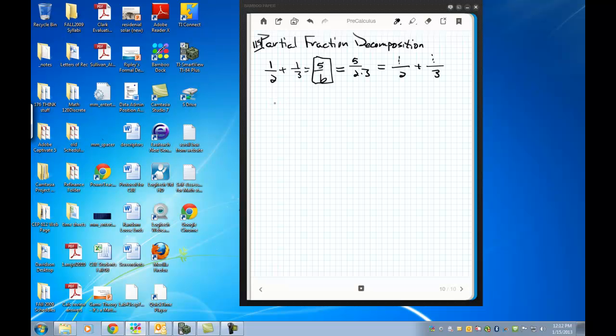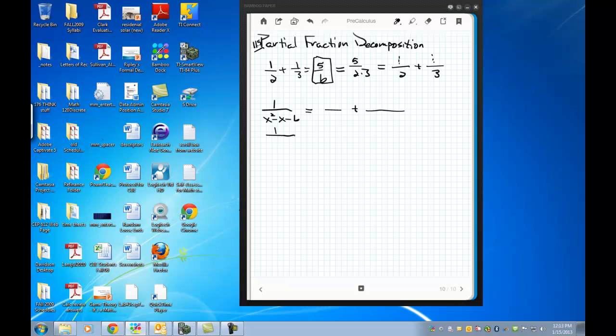Here we go. I'm going to take this expression: 1 over x squared minus x minus 6, and I am going to turn it into the sum of two fractions. Okay? Now, the process is always the same in the beginning. The first thing that you always want to do in algebra, when in doubt, factor, right?